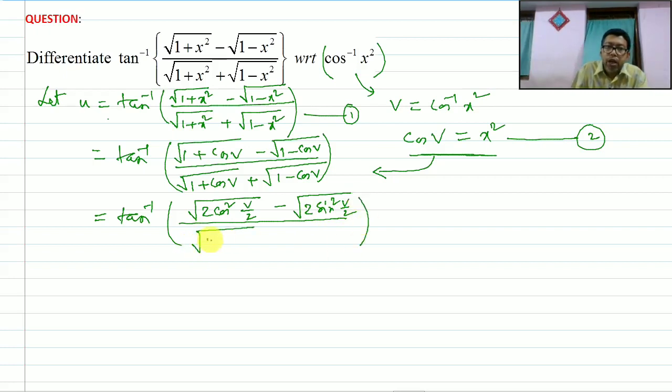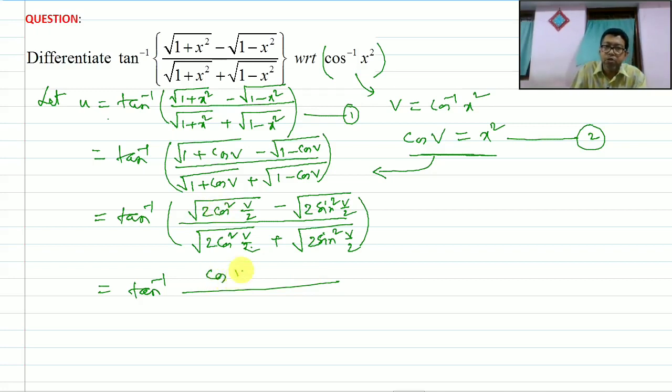It is root over 2 cos square v by 2, and the second one is root over 2 sin square v by 2. If you take root 2 common and cancel, we do not write it again, so just write tan inverse of, and from the root you find cos square v by 2, so it will be cos of v by 2 minus sin of v by 2 whole divided by cos of v by 2 plus sin of v by 2. If you have any problem, please ask in the comment section. Okay, you have got this part.